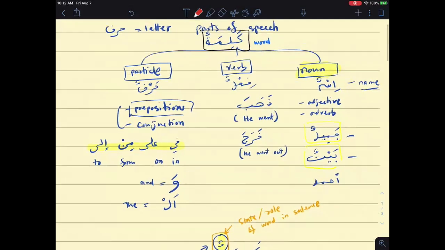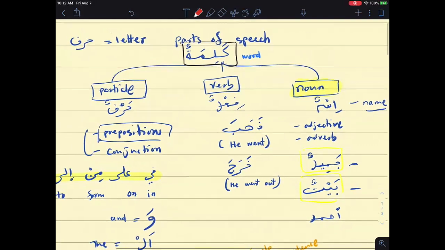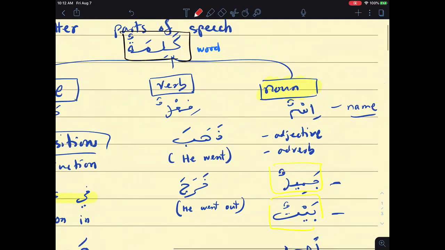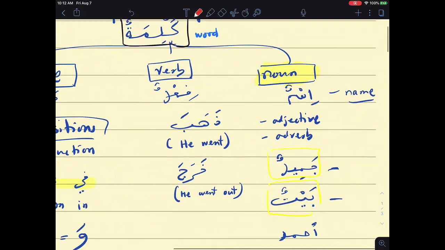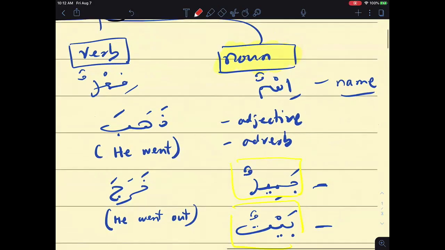So what we're saying is that when we talk about noun, only noun, we're also talking about adjectives, adverbs, everything.